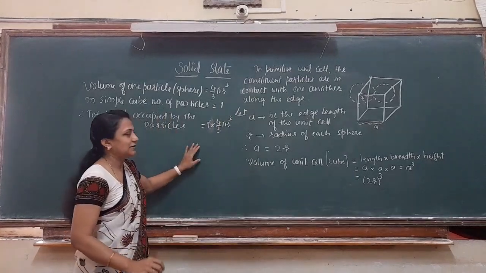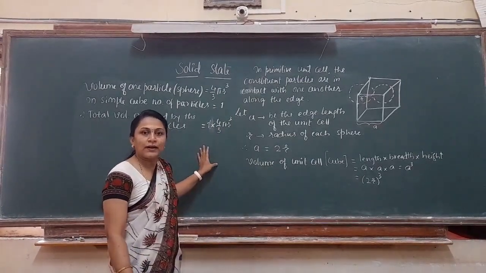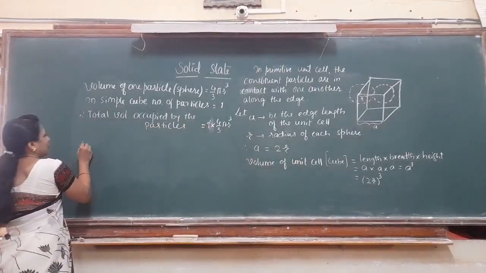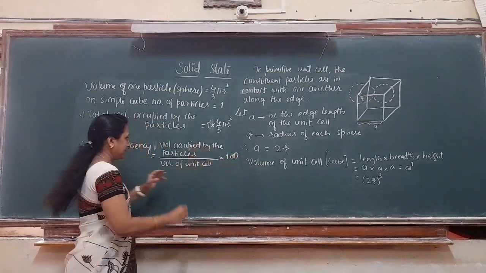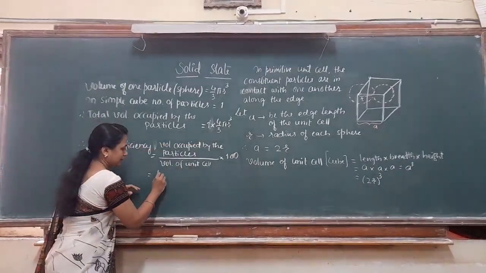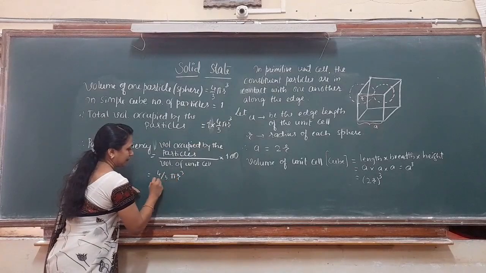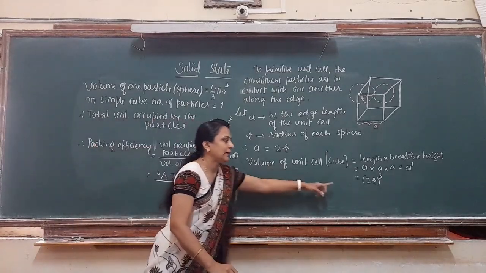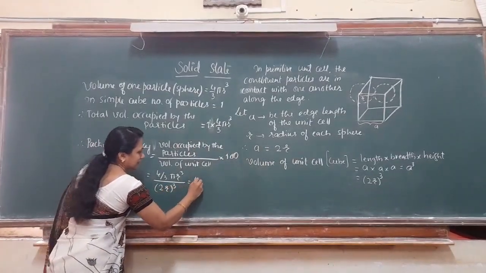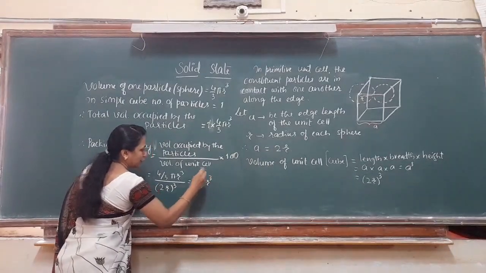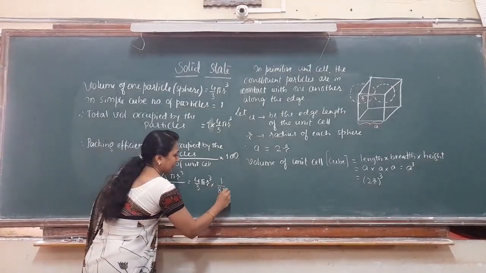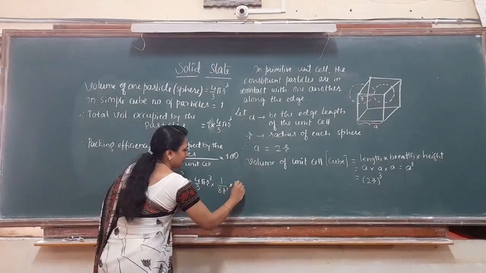Packing efficiency is equal to the volume occupied by the particles divided by the volume of the unit cell, into 100. Substituting these values, the volume occupied by the particles is 4 by 3 pi r cube, and the volume of the unit cell is (2r) cube, which is 8r cube.